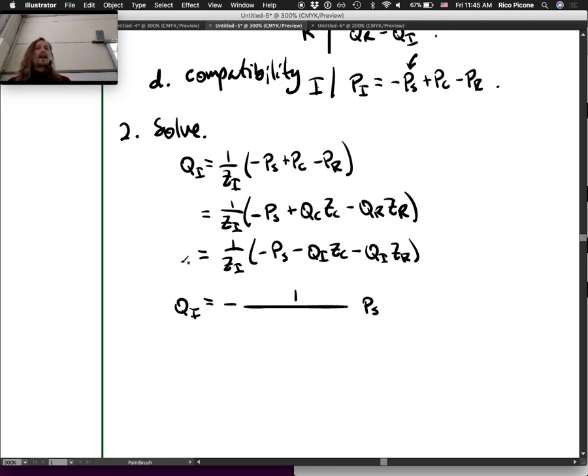The other side had a QIZI, a QIZC, and a QIZR over there. So when we factored out the QI, we had a ZC, or I think it probably makes sense to draw the ZI first. ZI plus ZC plus ZR. Okay?